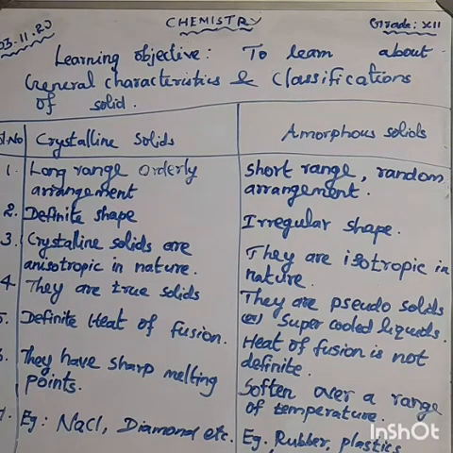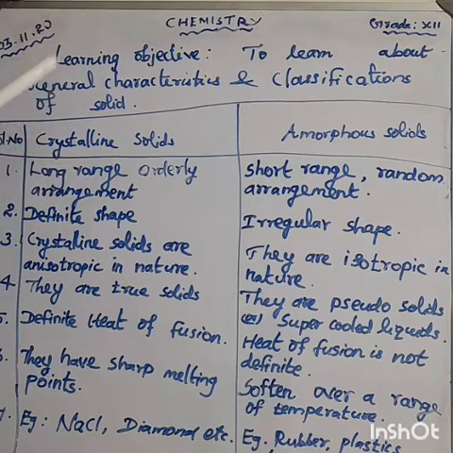What are the differences between crystalline and amorphous solid? Here, the crystalline solids have a long-range orderly arrangement of the constituents. The atoms or molecules or ions are arranged in a certain order.